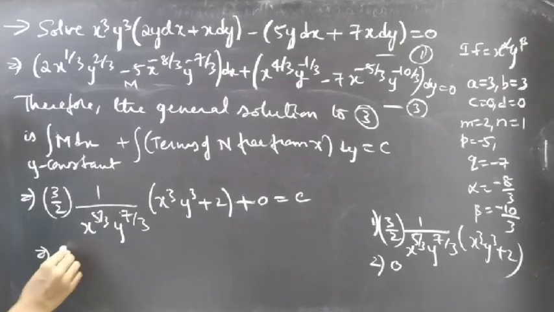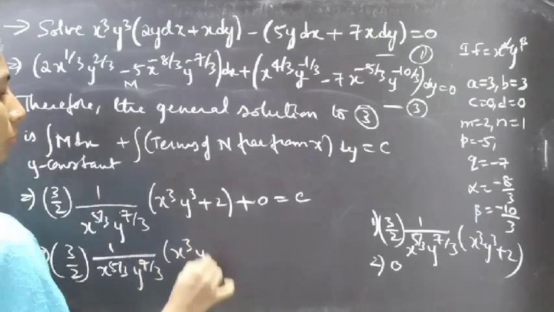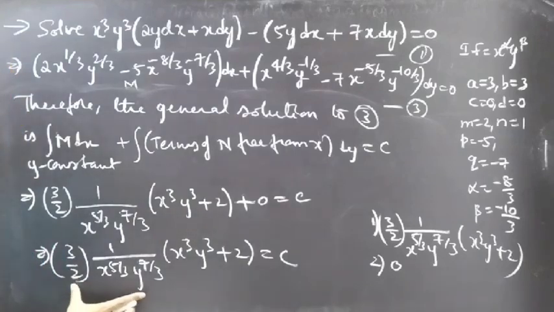Which gives us 3 by 2 into 1 by x power 5 by 3 y power 7 by 3 into x cube y cube plus 2 equal to c. Now take these two terms to RHS.